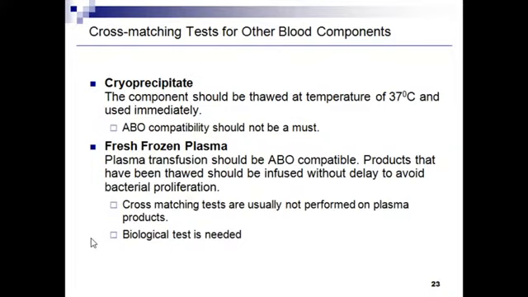It means you must select plasma from a donor of the same group as your patient. And product that has been thawed should be infused without delay to avoid bacterial proliferation of the plasma. Cross-matching tests are usually not performed on plasma products, but a biological test is needed.